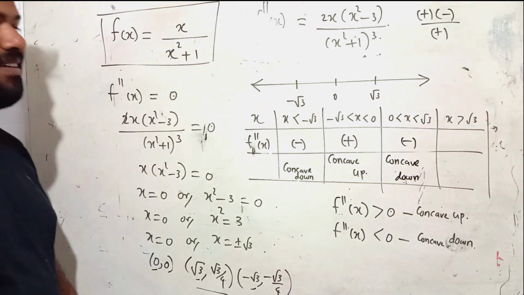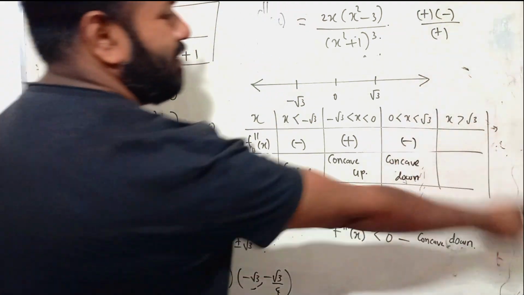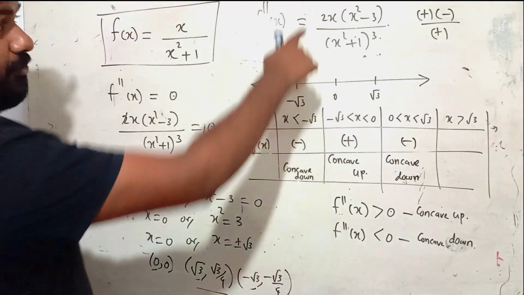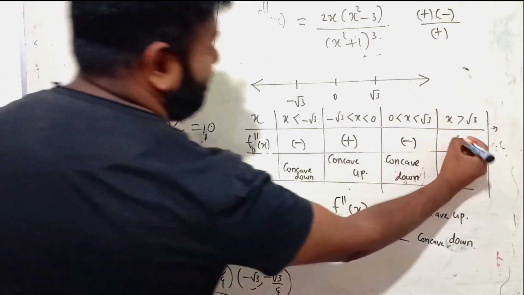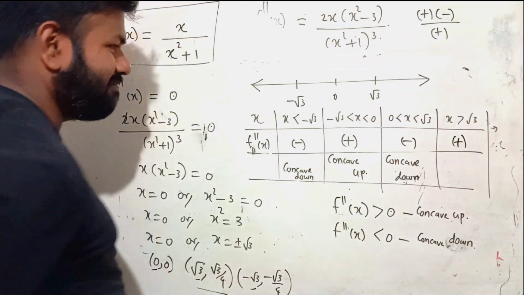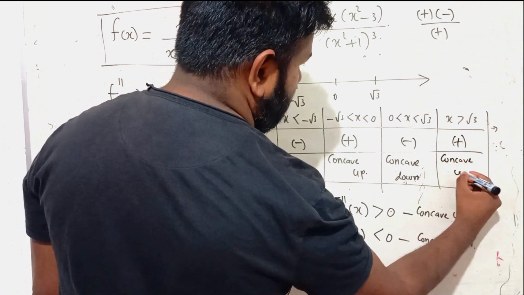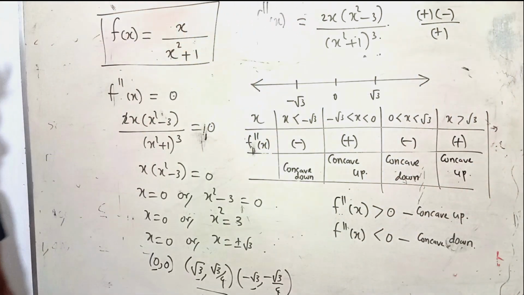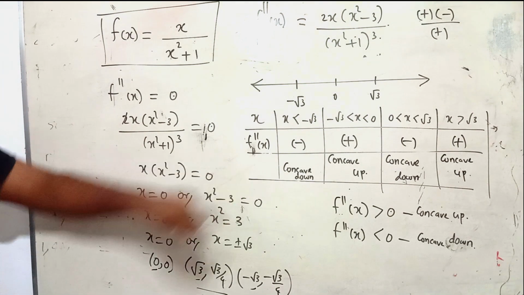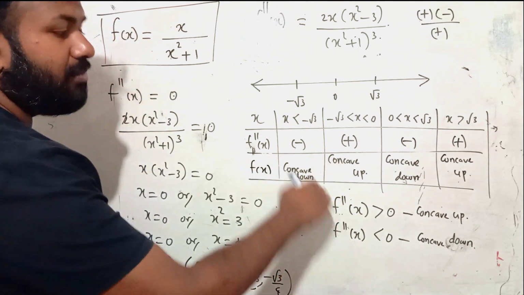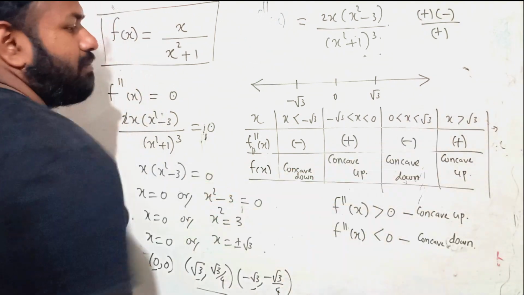Hope you can understand this. Consider a number greater than root 3, let's say 5. Substitute 5 here, definitely it's going to be positive. If it's positive, it's going to be concave up. Here you don't have to draw it; even if you just write f x, it's fine. So f x is concave down, concave up, concave down, concave up.